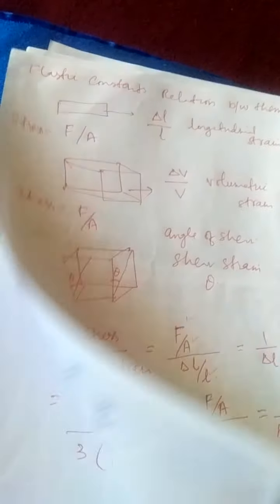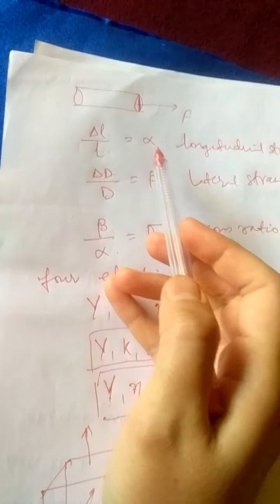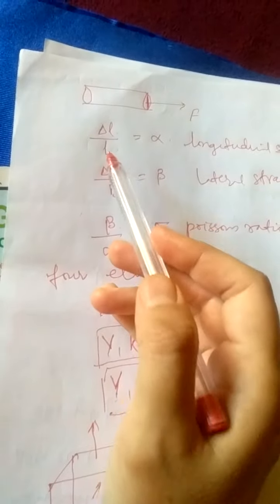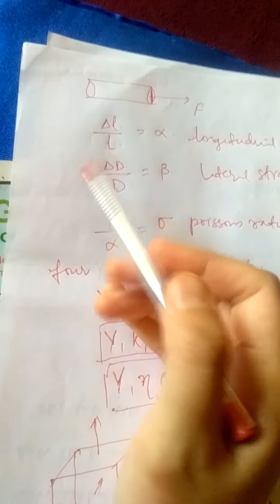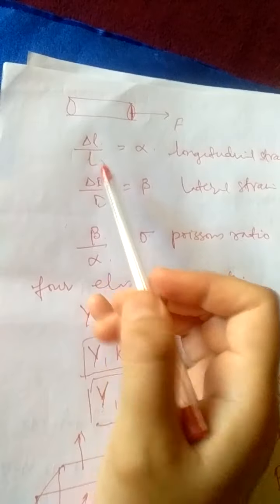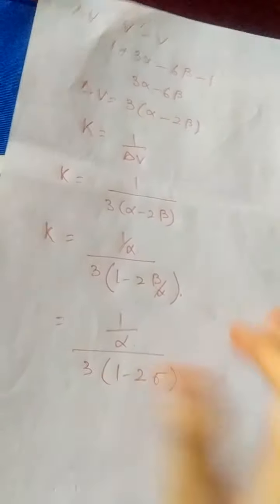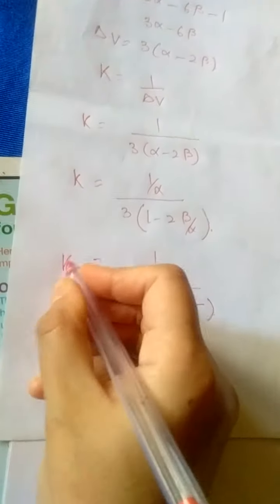And what is this delta L? Remember, if length is unity, delta L is alpha. If length is unity, which is the present case, we have chosen a cube of unit magnitude. So if L is 1, delta L is alpha. And what is this 1 by alpha? Then it is equal to Y, Young's modulus.